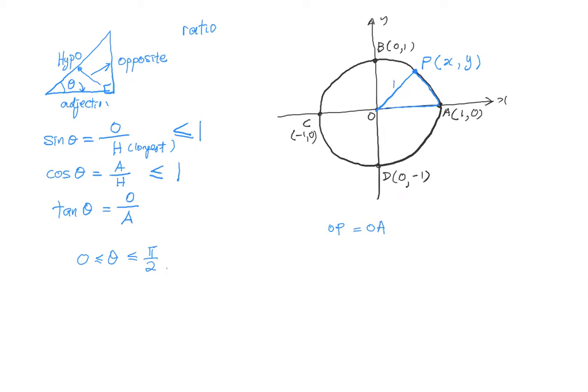Now from here, I draw a right angle triangle and I name this Q. Can you tell me the length of OQ, with reference to point P?